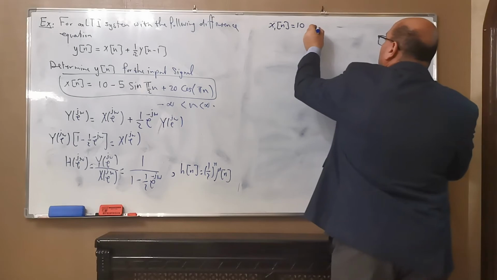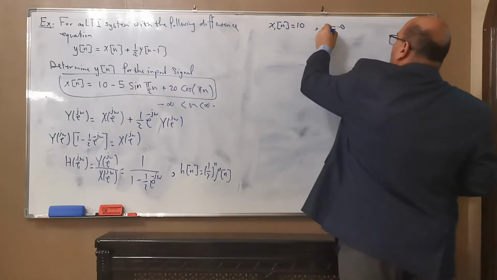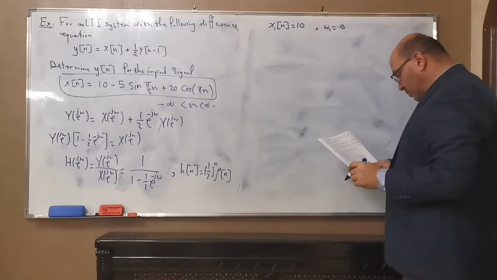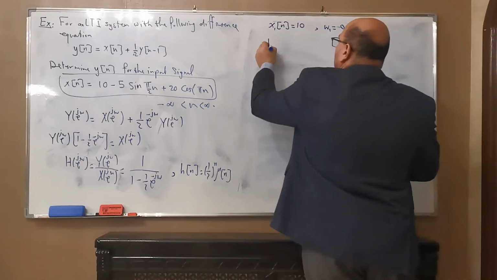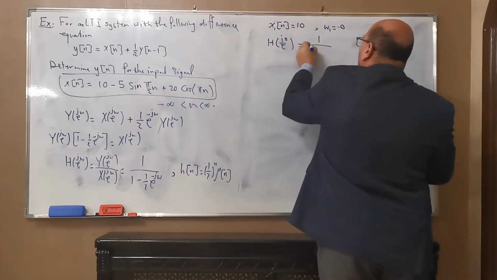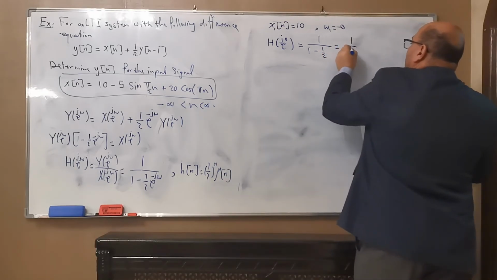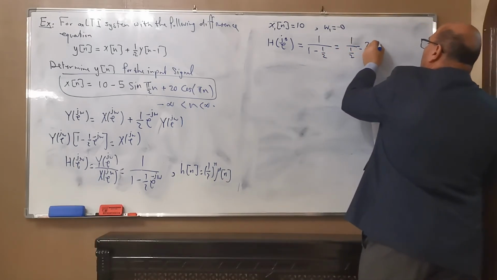And for this, omega 1 equals 0, and H(e^j0) is equal to 1 over (1 − 1/2), which equals 1 over 1/2, which equals 2 with an angle 0.